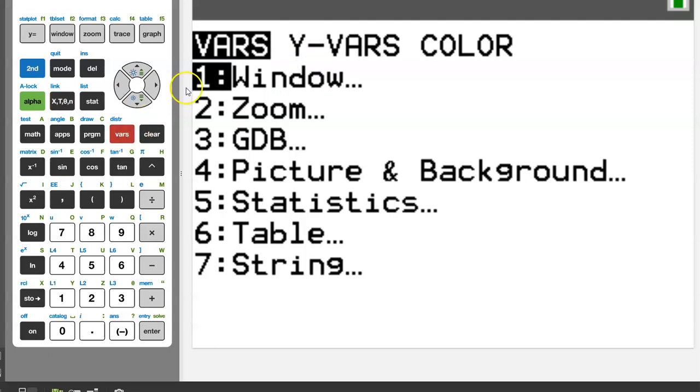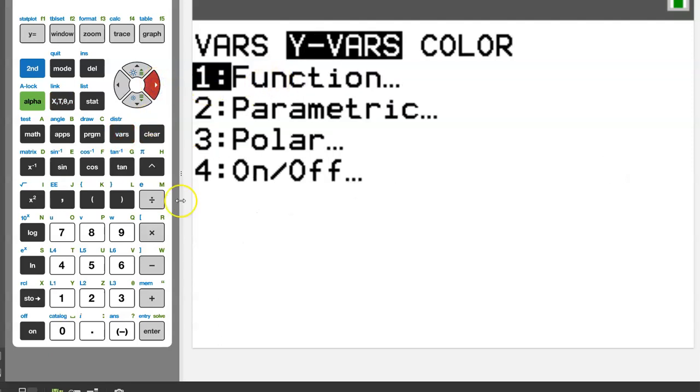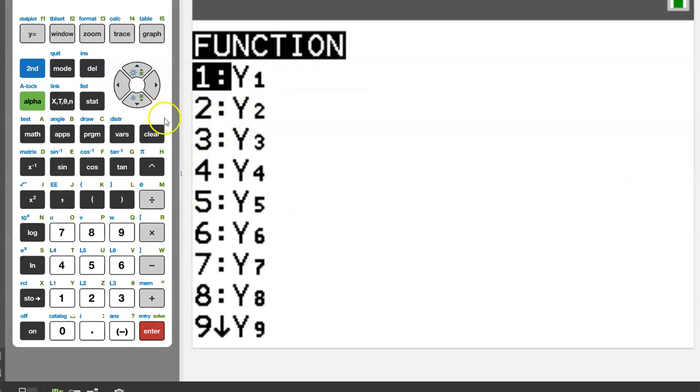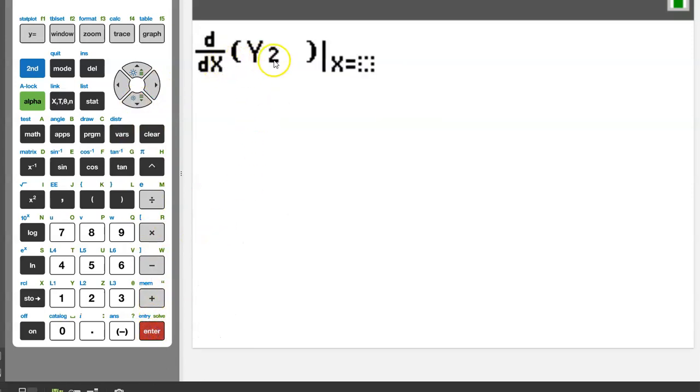So hit vars, yvars, function, choose y2 where we have velocity. So this is now the derivative of velocity. We want to evaluate at that 0.443 number. So you have a choice. You can either manually type in all 10 decimal places, or since we have stored it in the letter t, we can just do alpha t.